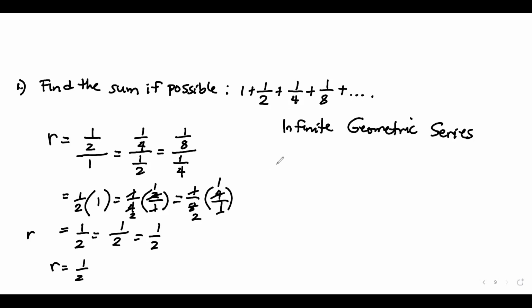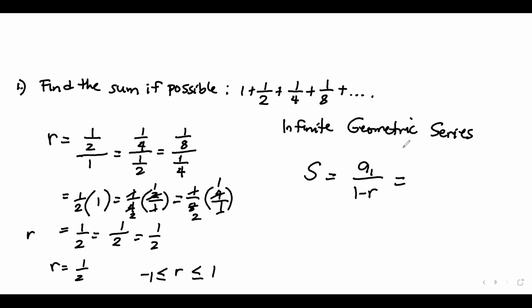The formula for that, since the value of r is between -1 and 1, is S equals a sub 1 over 1 minus r.